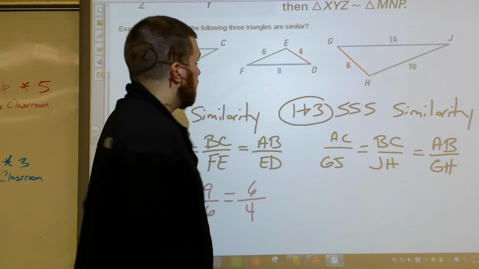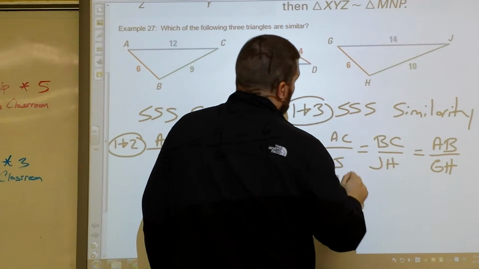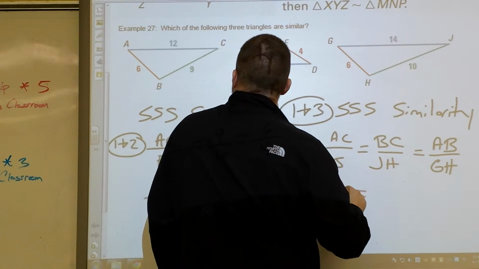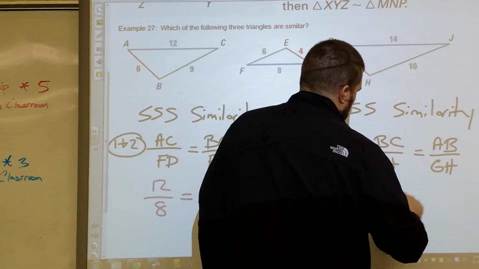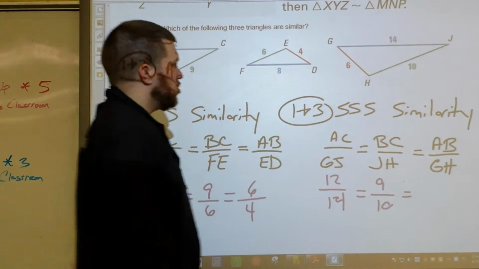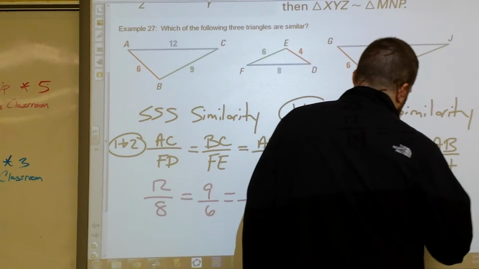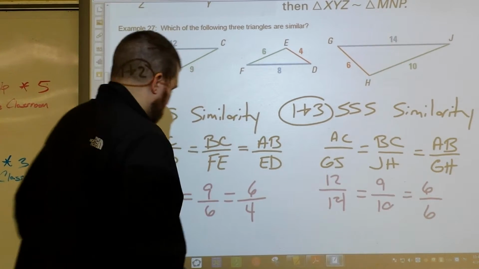Now I'm going to plug in what I know. AC was 12 over 14. That's supposed to be equal to BC, which is 9 over 10. That's supposed to be equal to 6 over 6. Again I want to use my calculator to turn each of these into decimals.